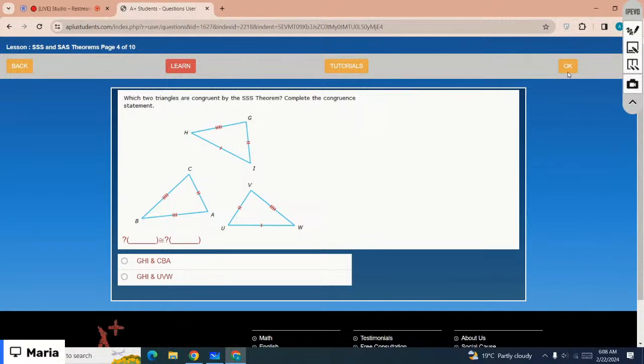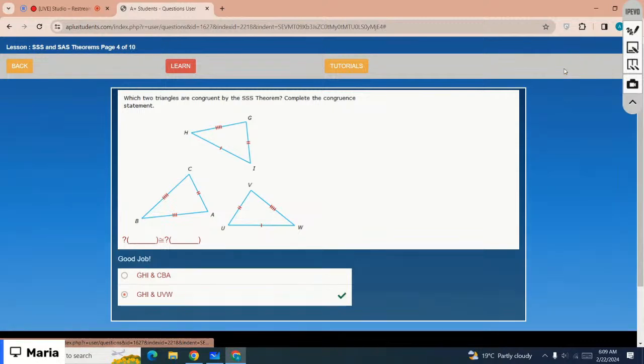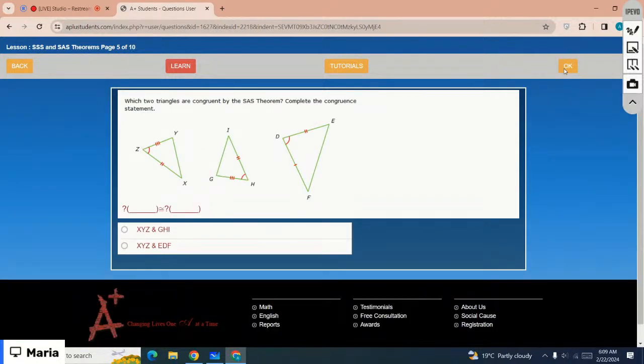Option number 2 is the correct option. Which two triangles are congruent by SAS theorem? Which is the correct option?